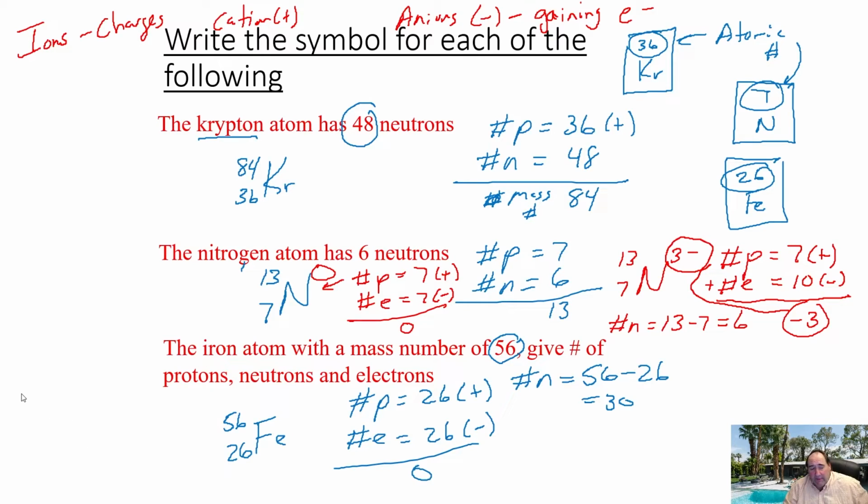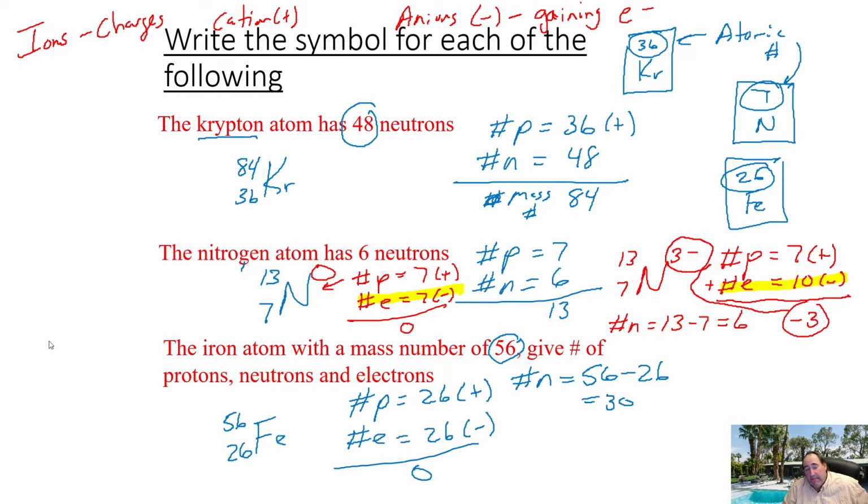So if we look once again at the neutral nitrogen, it's got 7 electrons. The nitrogen with a -3 charge has 10 electrons. The minus charge again tells you that it has gained electrons.